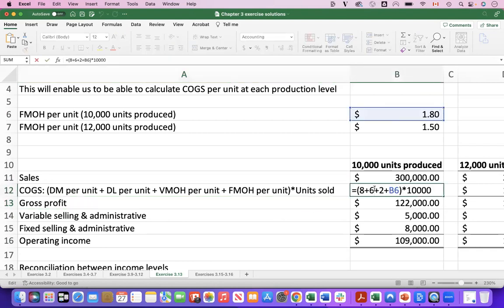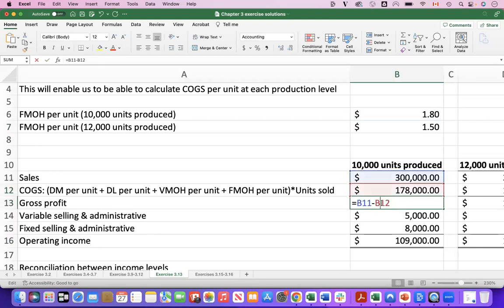So if you look at the formula here, our direct materials per unit was $8 a piece. Our direct labor per unit was $6 per unit. Variable manufacturing overhead per unit was $2. And for this activity level of 10,000 units produced, we calculated fixed manufacturing overhead to be $1.80. All that multiplied by the units sold, which was 10,000 units, we get a cost of goods sold of $178,000.